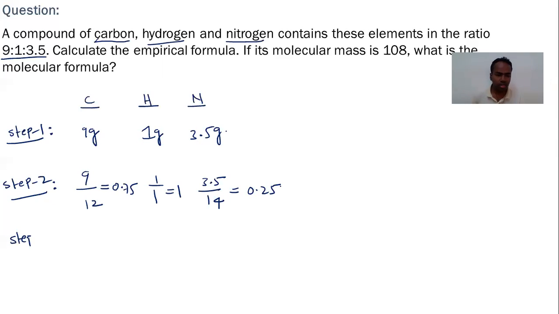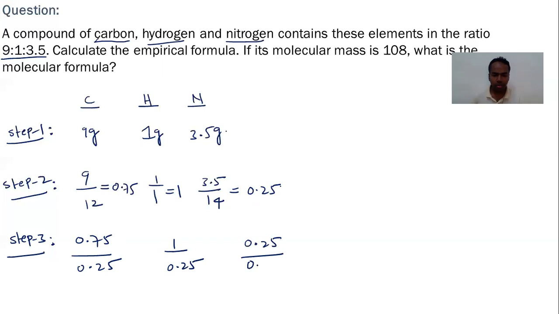And step 3: we have to find the simplest whole number ratio. To do that, we divide every value by the smallest value among these three, which is 0.25. So 0.75 by 0.25 is 3, 1 by 0.25 is 4, and 0.25 by 0.25 is 1.